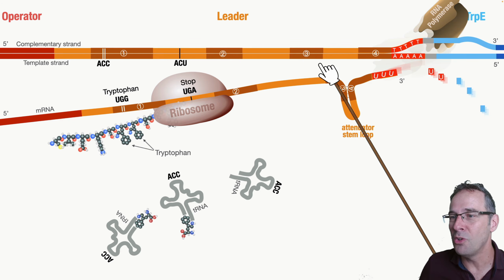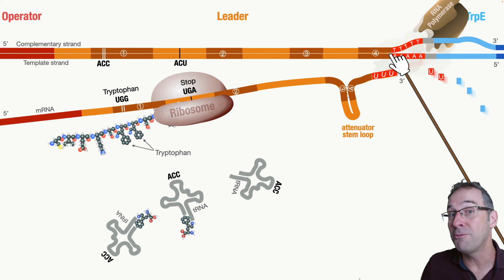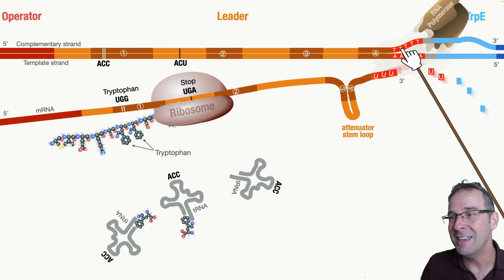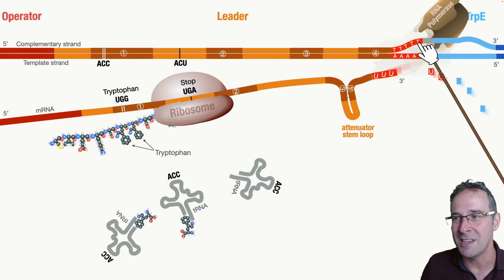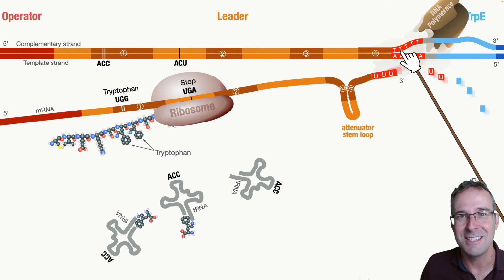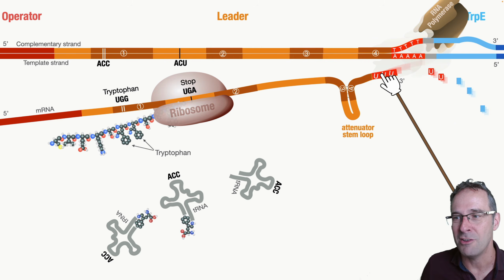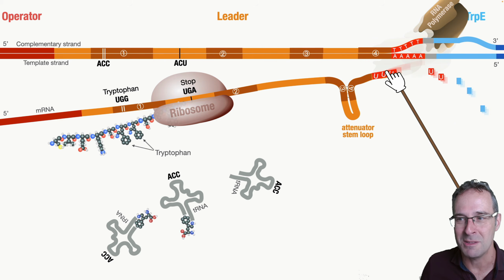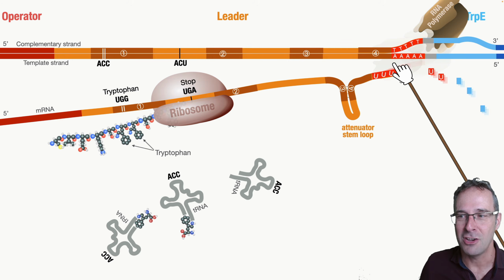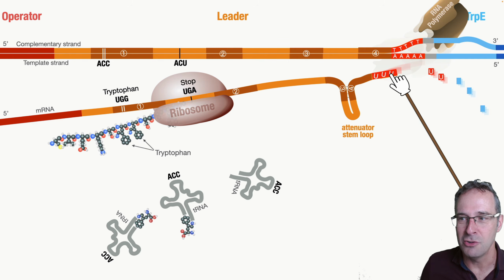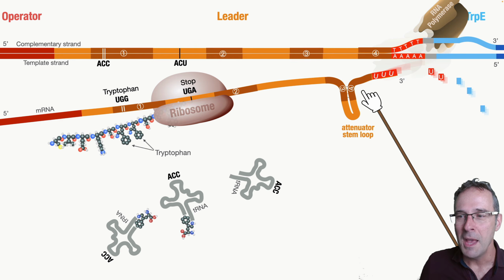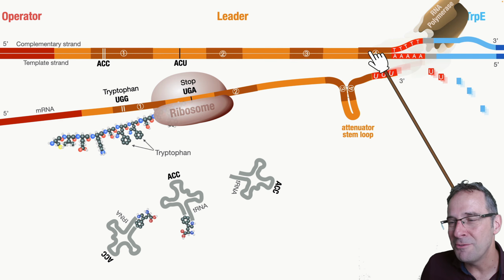And so it goes all the way along here past region 4 and into this attenuator region where there's all these adenines and thymines, which were now uracils and adenines, I should say, because it's the messenger RNA here. So the RNA polymerase has run along there and transcribed uracil, uracil, uracil, but it's gone past region 4.